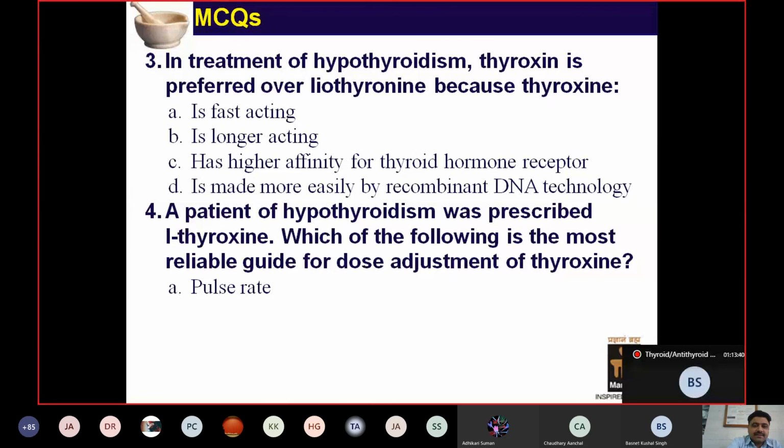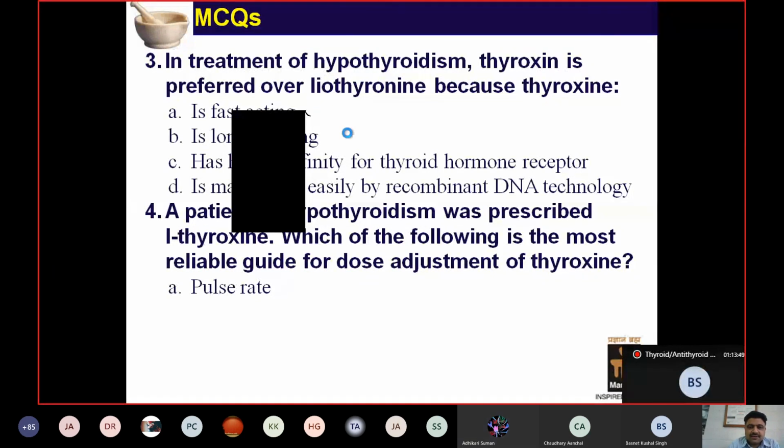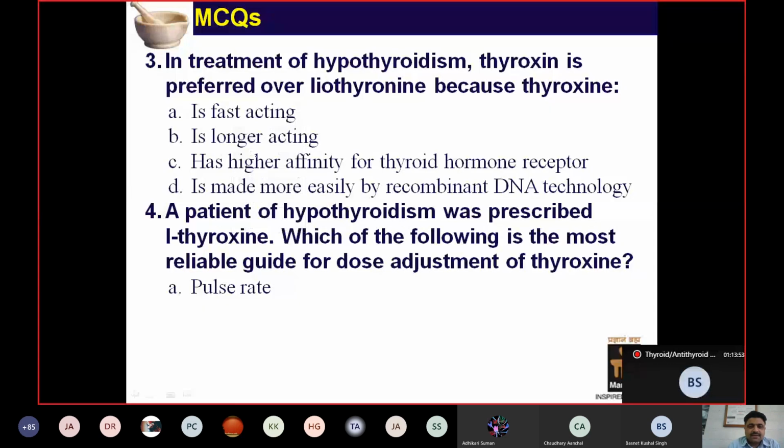Is it fast acting? No, fast acting is T3. It is longer acting. So B is the correct answer.